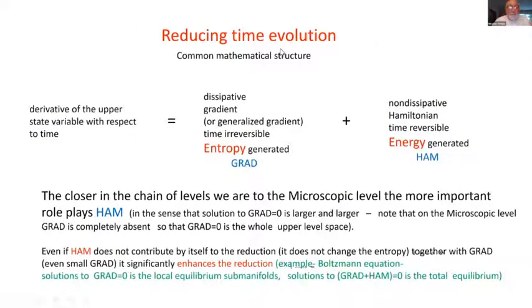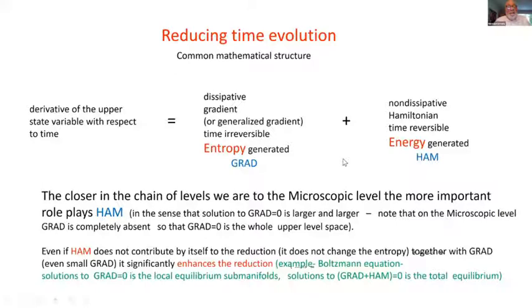What can we say in general about the reducing time evolution? As I said, it is the Boltzmann equation, but now let's look for some kind of abstract Boltzmann equation. It has some state variables, which can be whatever, and the derivative with respect to time is the sum of some kind of gradient, dissipative part, and a Hamiltonian part.